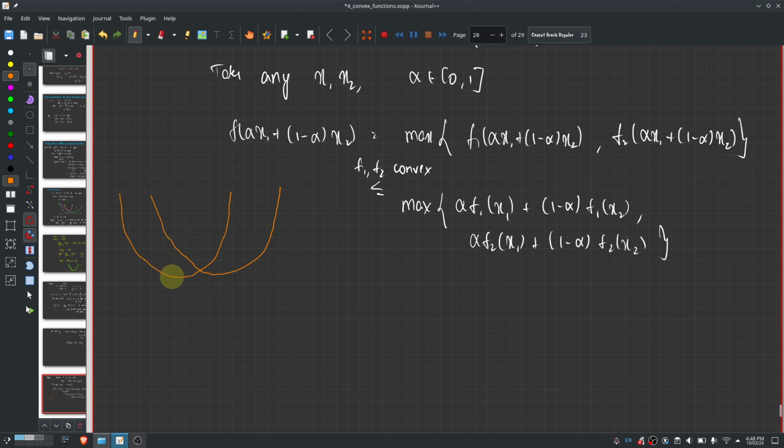For example, let's assume that this is my x1 and this is my x2. The maximum of the two functions is basically the function denoted in green.